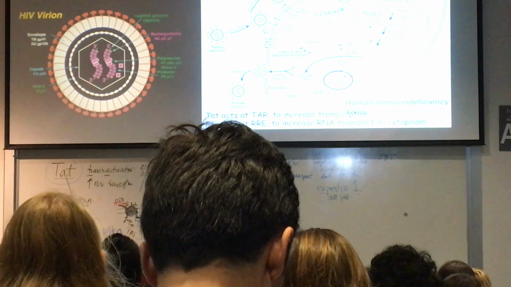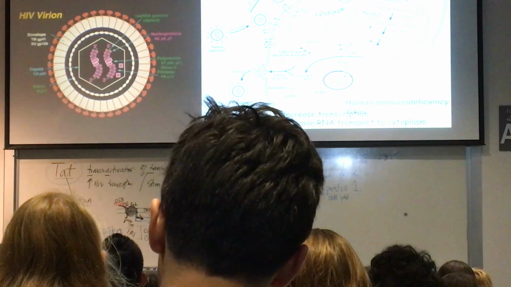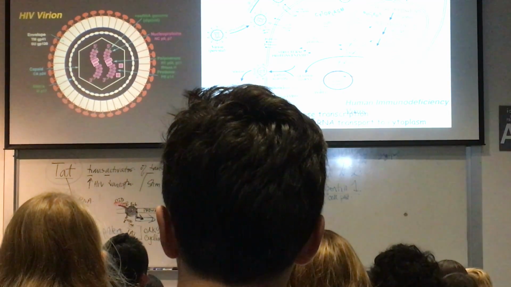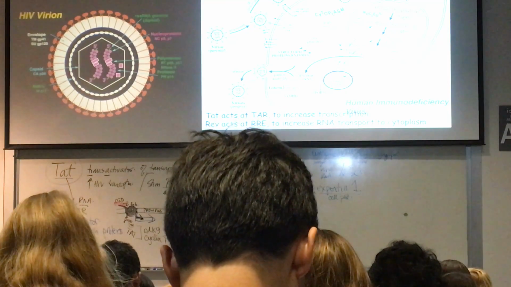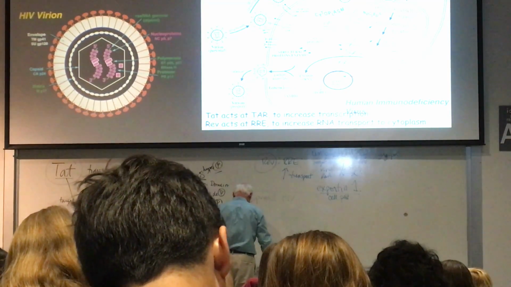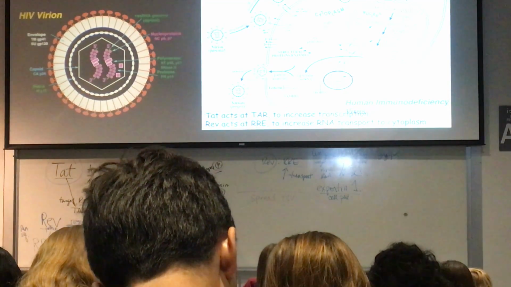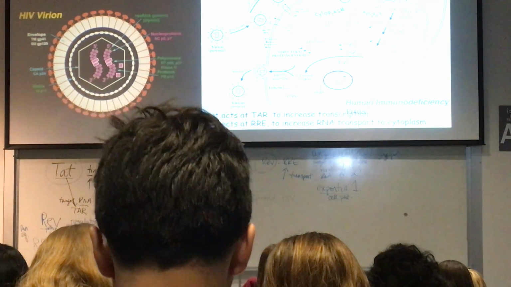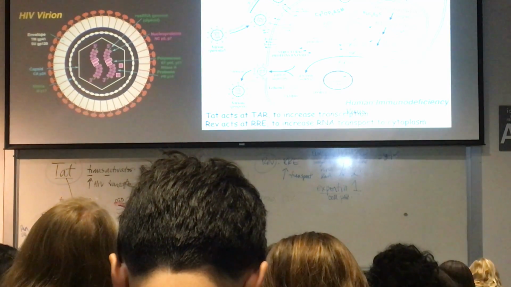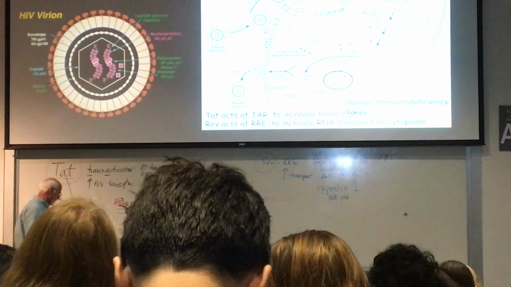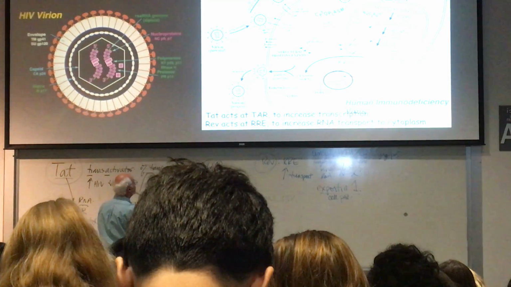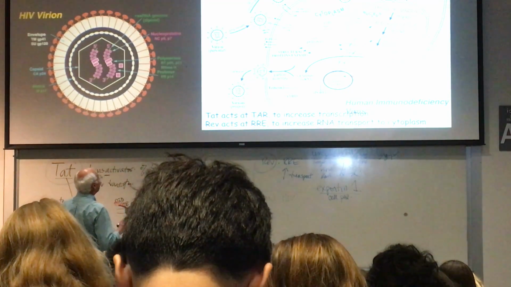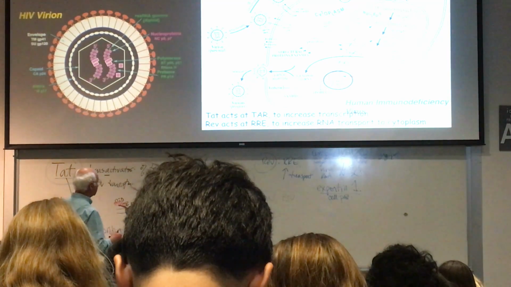Okay, how does HIV spread? So in the context of spread of HIV, how do we increase the number of infected cells in the population? So we've just gone through the replication of HIV to produce progeny virions.